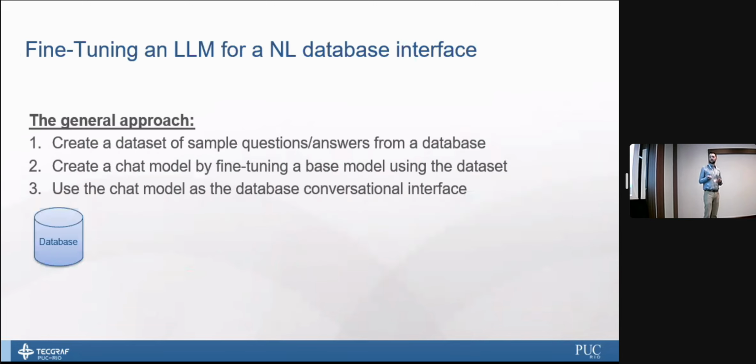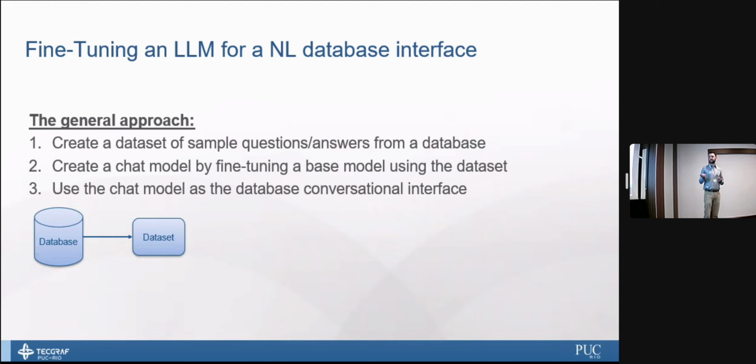Right, so the general approach for fine-tuning an LLM as a database interface is to first create a data set. We have to create a data set based on pairs of questions and answers, and these answers are actually SQL queries from a specific database that we have in mind.